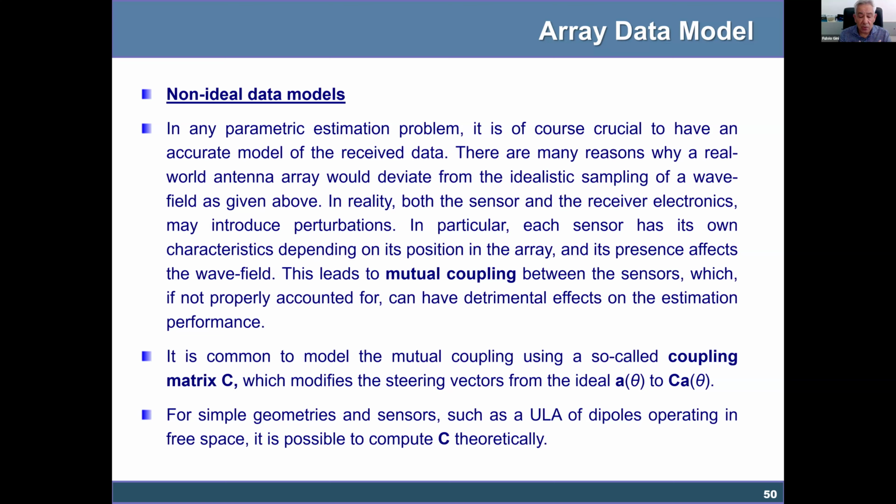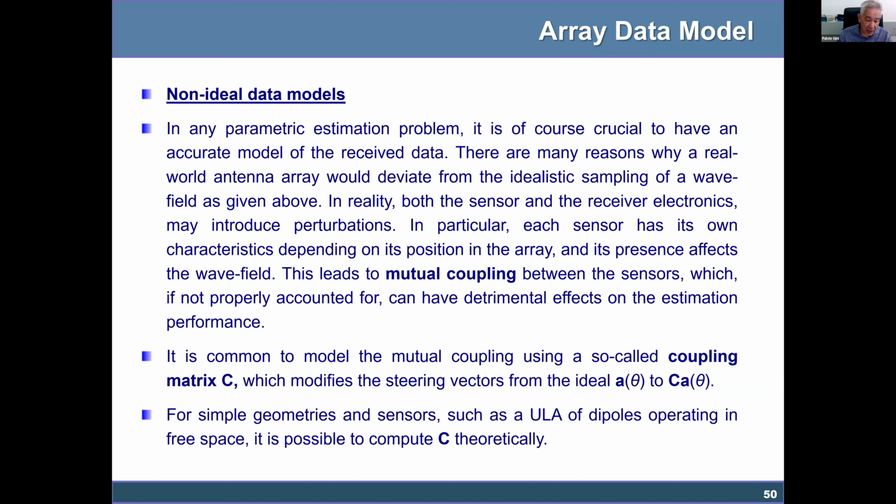Now, the problem is how to derive C. For very simple geometries, for example, a linear array, C has been derived theoretically. In most cases, C cannot be derived theoretically. And so what people do is they measure experimentally the new steering vector, C of theta, so this is a vector.